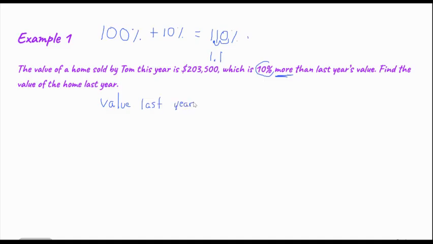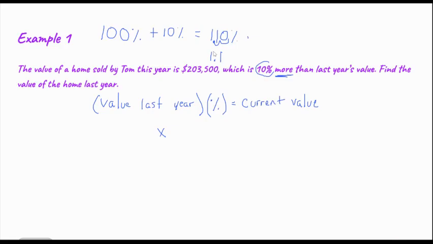So value last year, and then we're going to multiply it by the percent, or the decimal representation of the percent, to get the current value. Well, we don't know what the value was last year. That's what we're solving for.